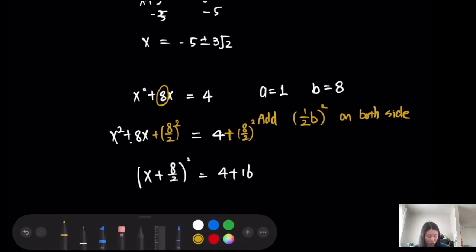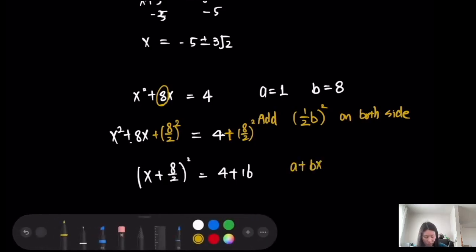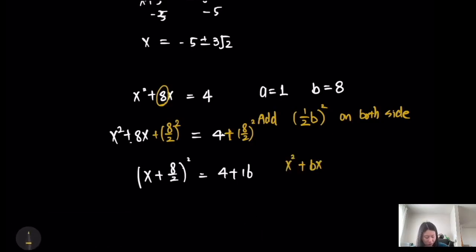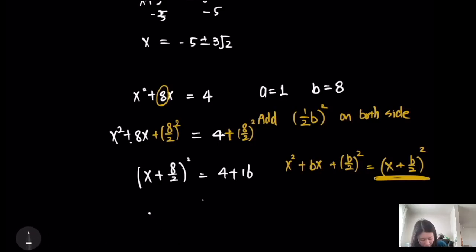Basically the idea is we have x squared plus bx plus half of b squared, and we can write it as x plus b over 2 squared. So that's why we need to add half of b squared, so that I can write it as x plus b over 2 squared.